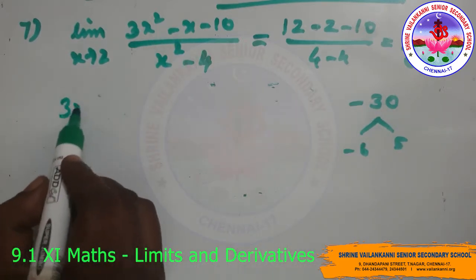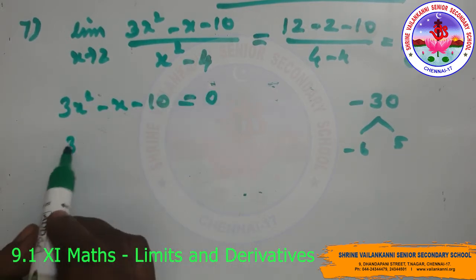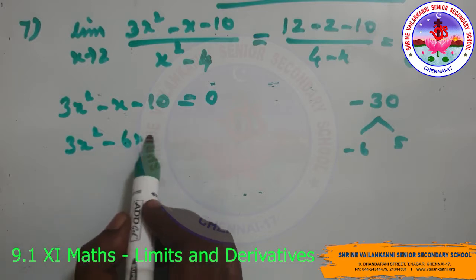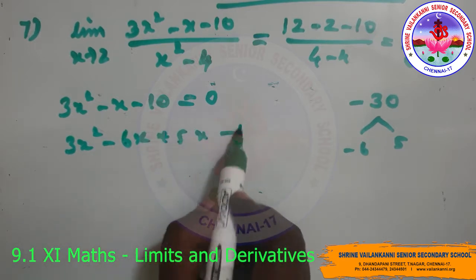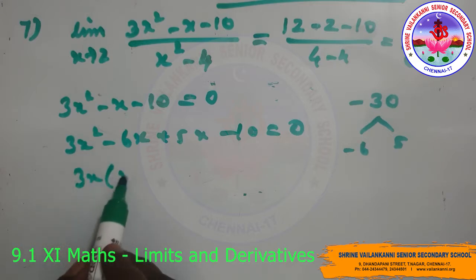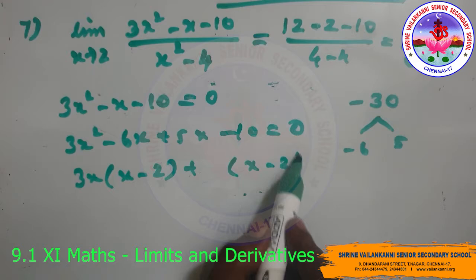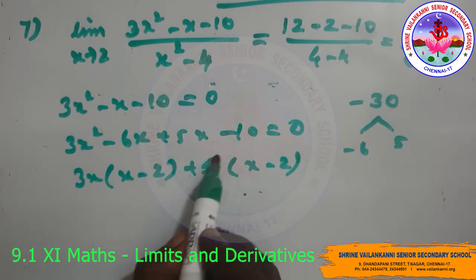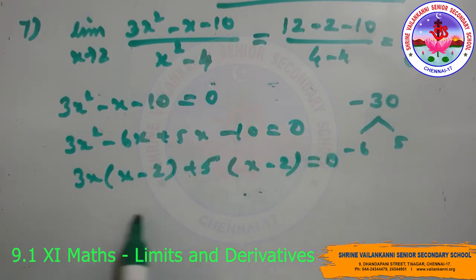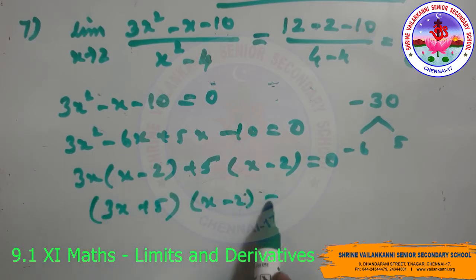So I am changing 3x square minus x minus 10 as 3x square minus 6x plus 5x minus 10 equal to 0. 3x into x taking common, x minus 2 plus, x minus 2, 5 into x minus 2, which is equal to 0. So I'll get 3x plus 5 into x minus 2, which are the factors of this quadratic equation.